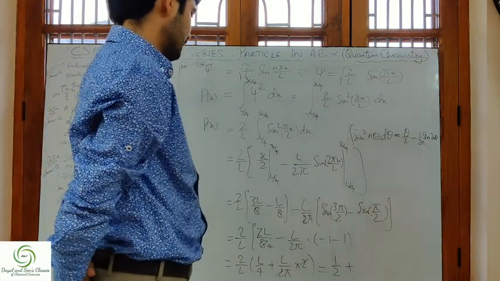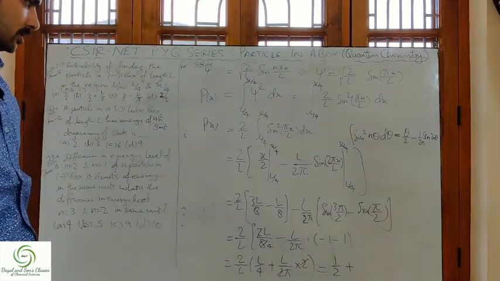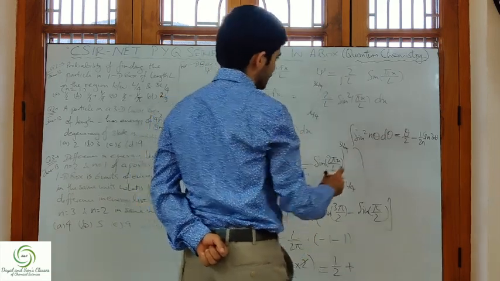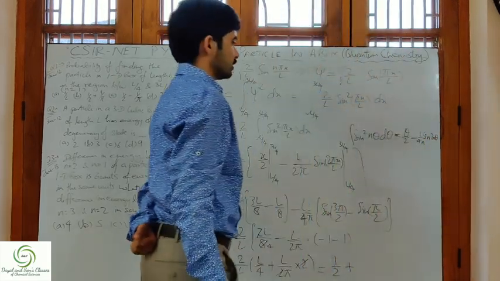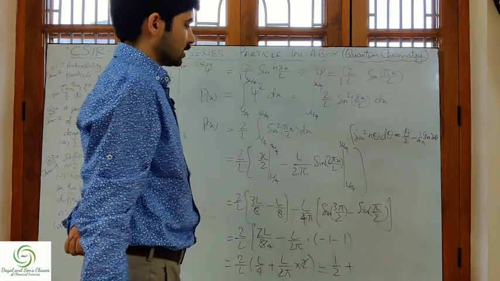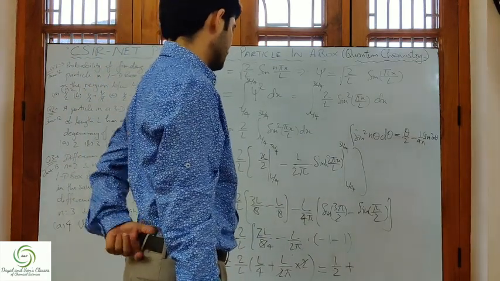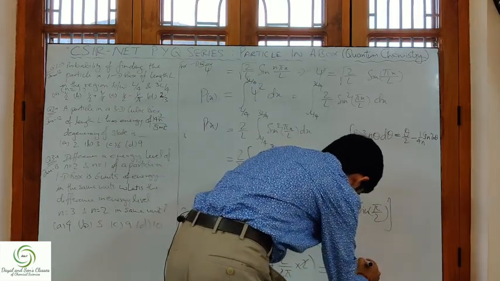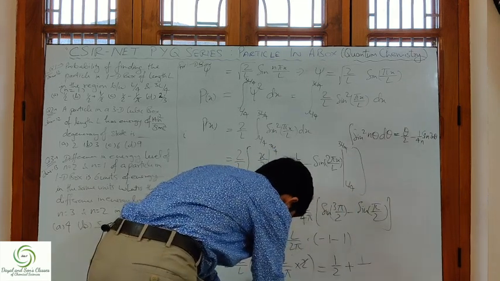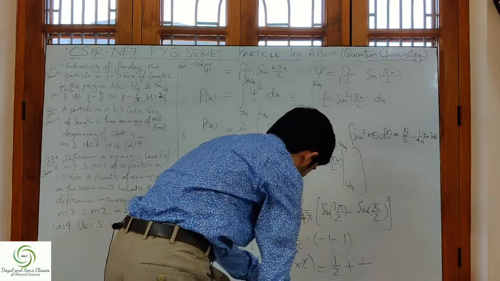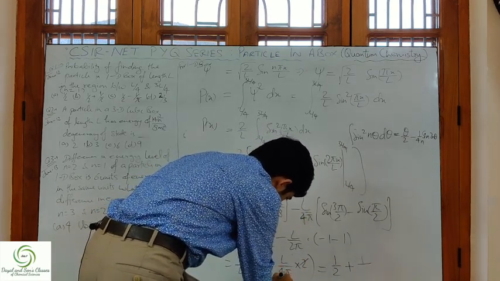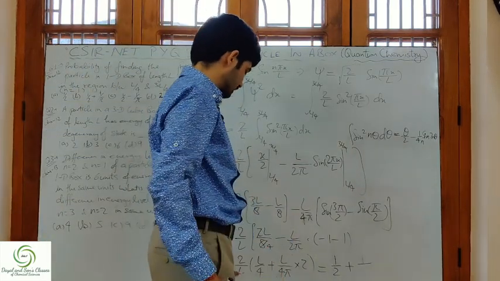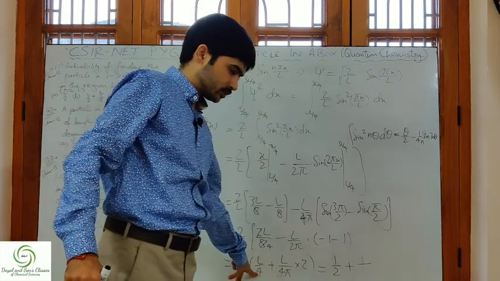Now if I multiply this 2 by L inside, L and L get cancelled in both cases, and 2 divided by 4 gives me 1 by 2.